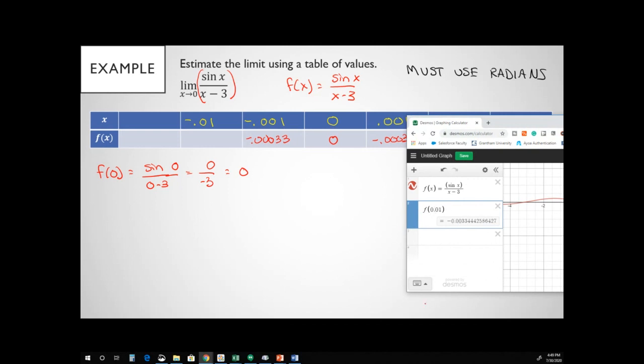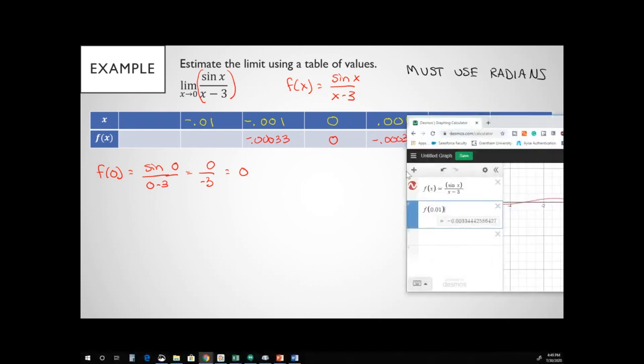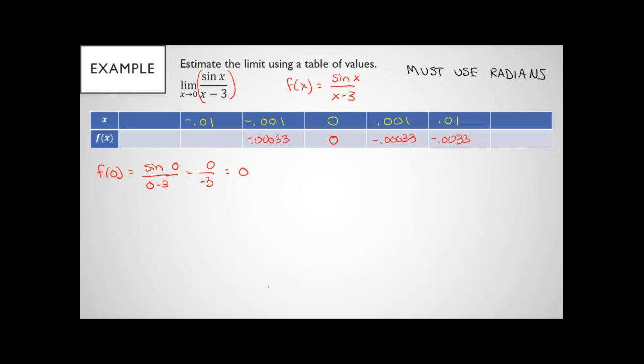We have negative 0.0033, which is still close to 0. And then I'm going to plug in the negative version. Ah, this is interesting. We get a positive 0.0033. So you can't assume that it's a mirror image. You can see in this case it's not a mirror image.